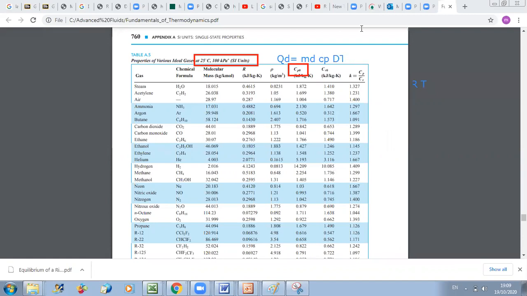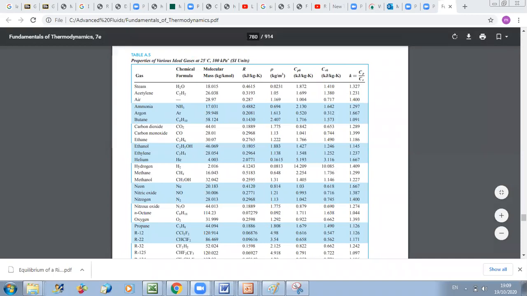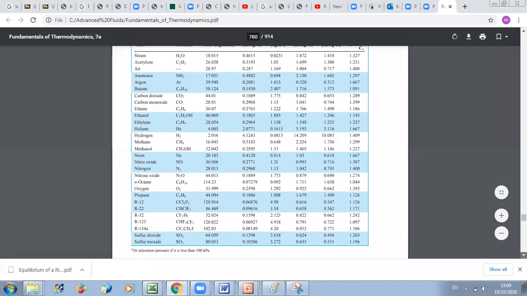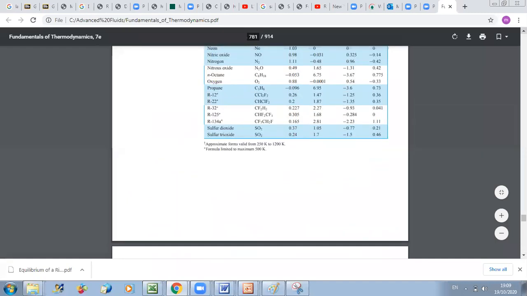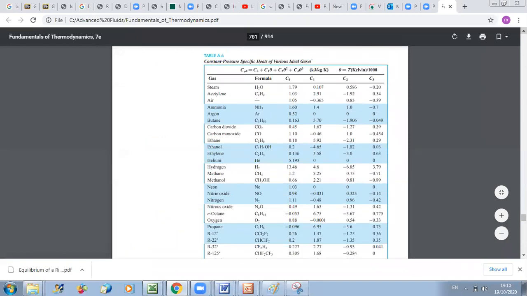So this is for the following table. As you can see here, sometimes we know that the specific heat is a function of the temperature. In general, sometimes we can assume that the specific heat does not vary with temperature, but the condition is that the interval of temperature variation should not be very high.